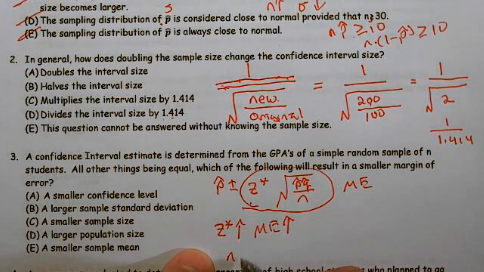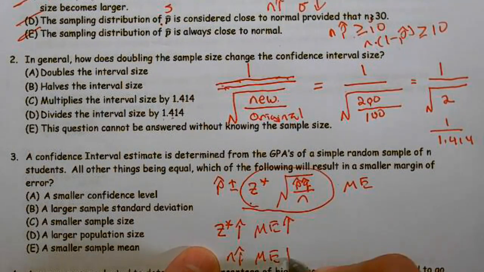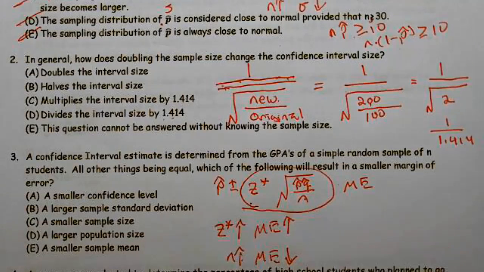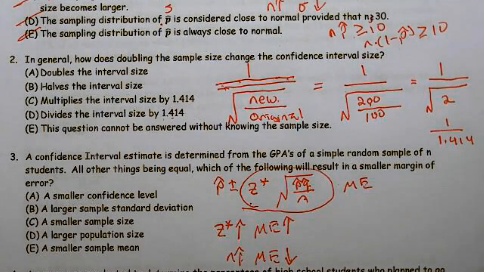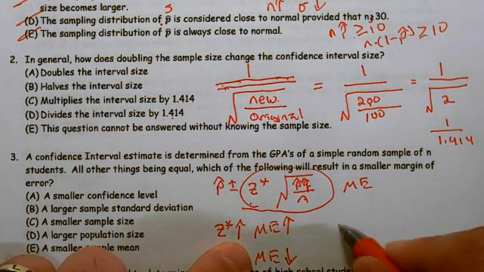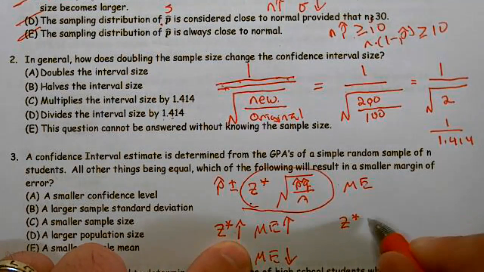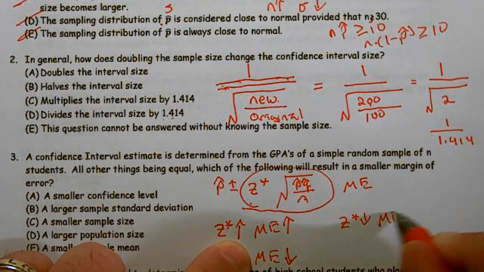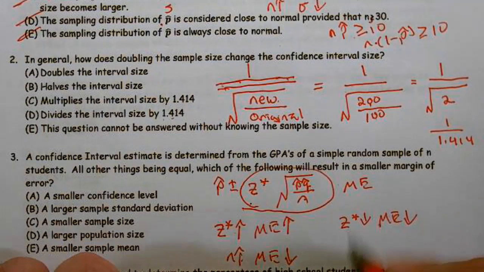As n goes up, my margin of error, because I'm dividing, will go down. As z star goes down, my margin of error also goes down. As n goes down, my margin of error goes up.